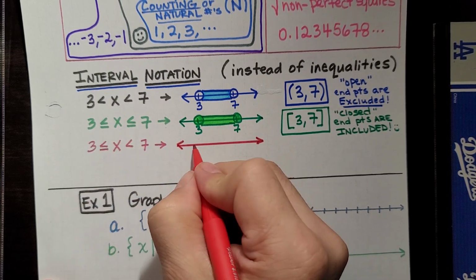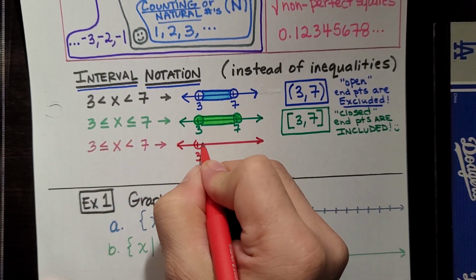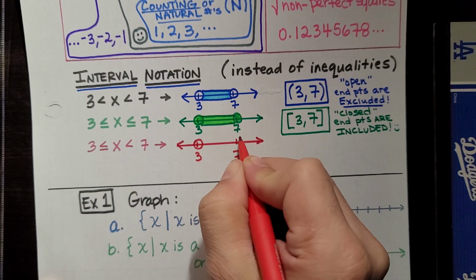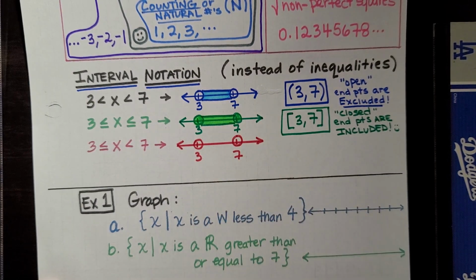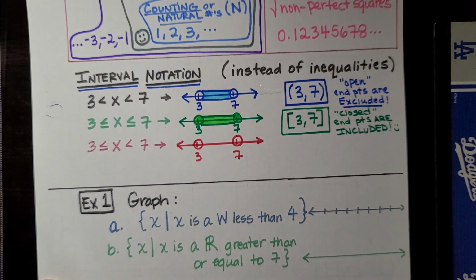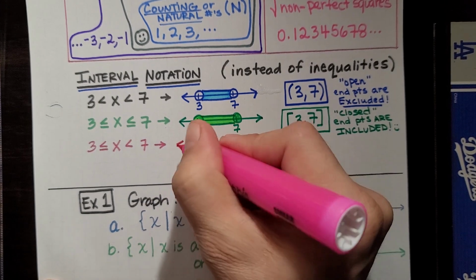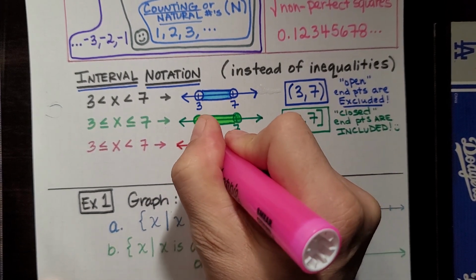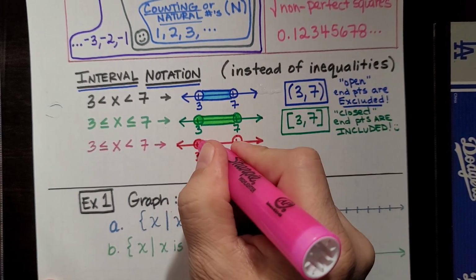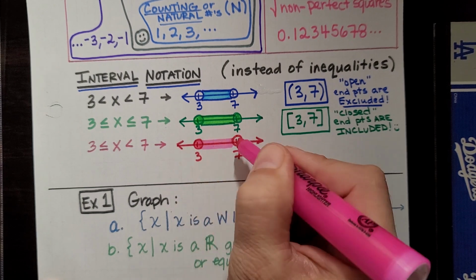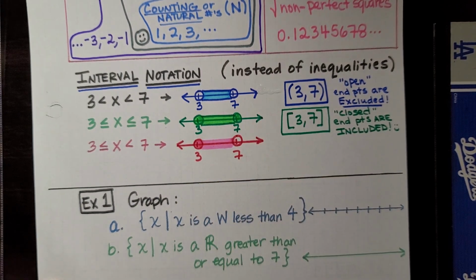It's closed at 3, but opened at 7. I'm going to show you how that shading looks first. Close it up at 3. Shade it in. Shade in between the 3 and 7, but leave it open over there at 7.